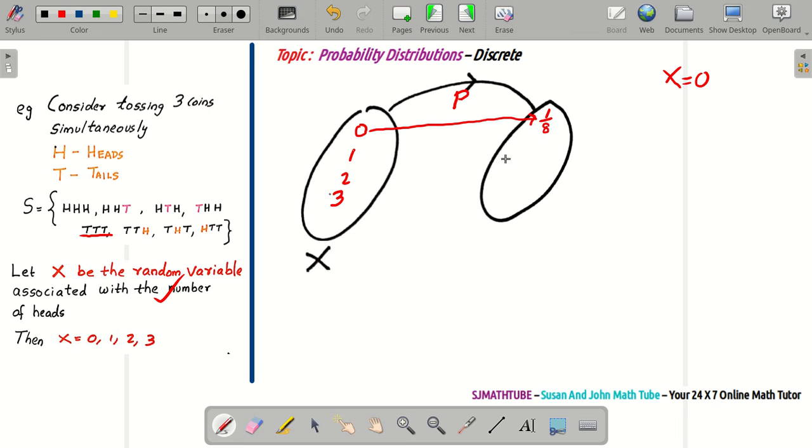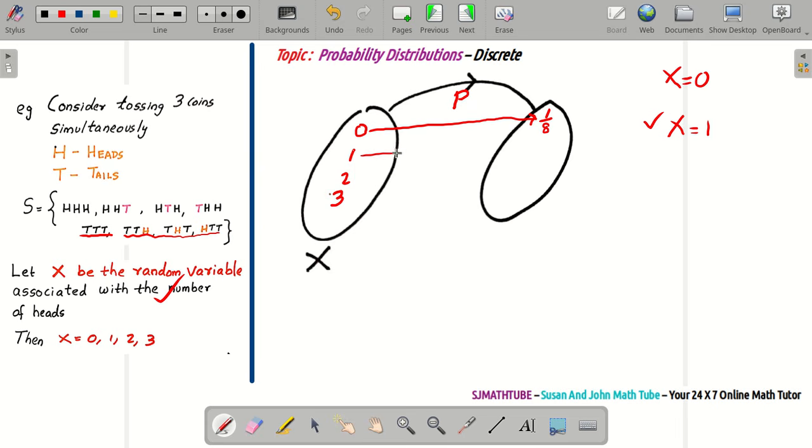Now tell me, what is the probability x is equal to 1? What do you mean by x? X is associated with the number of heads. As you can see in the sample space, 3 members support the event x is equal to 1.